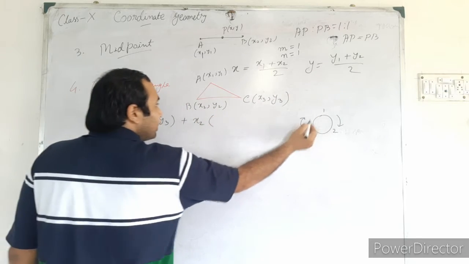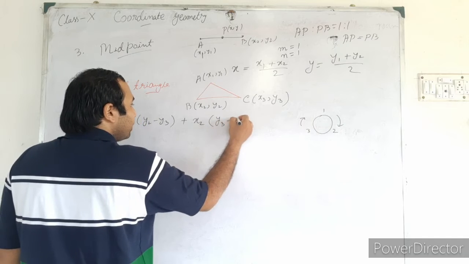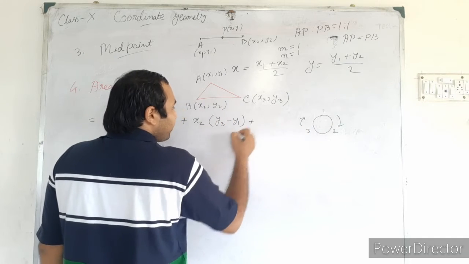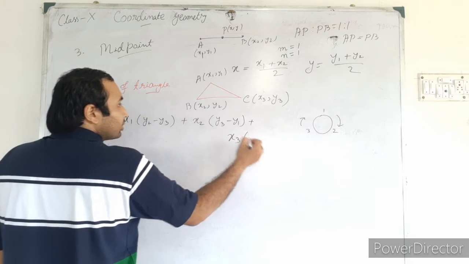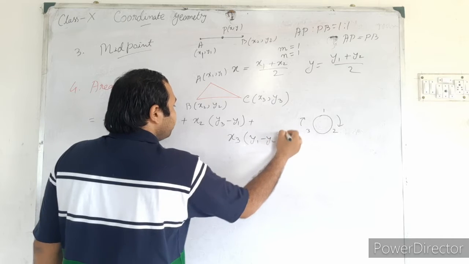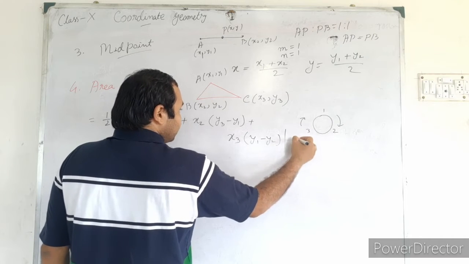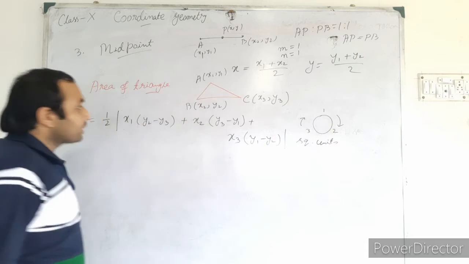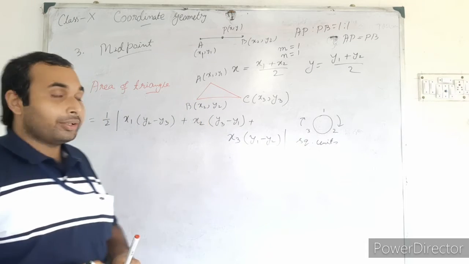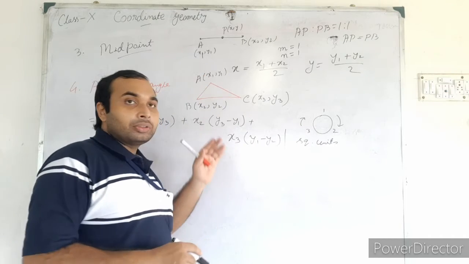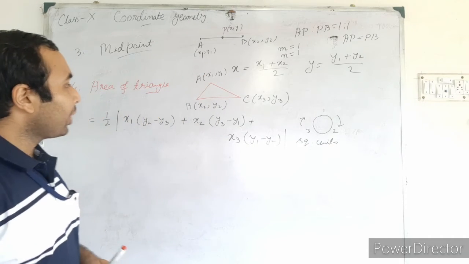So y3 minus y1, plus. Now we are taking x3, so 1 minus 2, that is y1 minus y2, mod. This is in square units. This is the area of the triangle formed by those 3 points A, B, C.